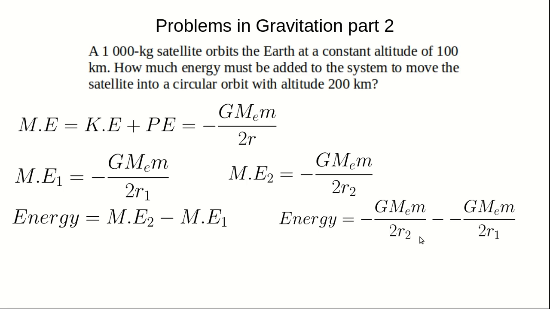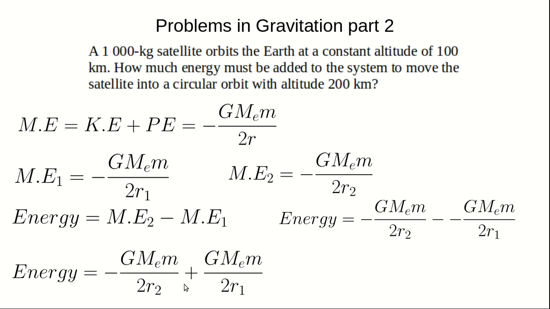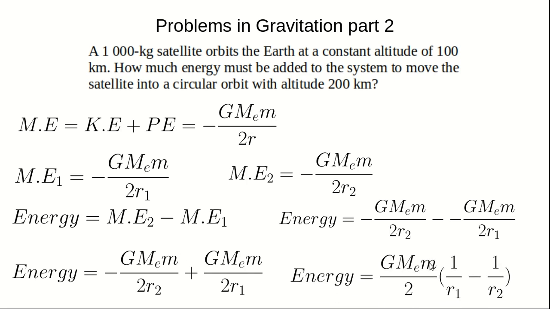So we have this minus this, which can be written as plus. So we can factorize and simplify this expression so that it becomes G M_E m all over 2, then 1 over R1, because this one is plus, it comes to this side, minus 1 over R2.